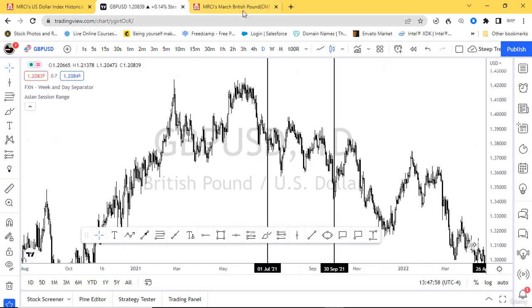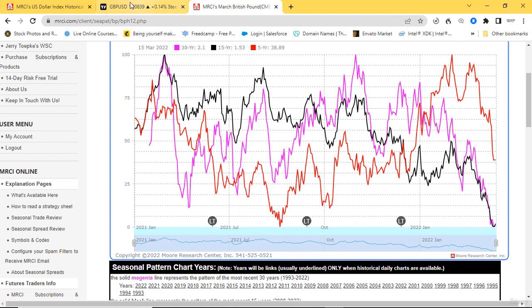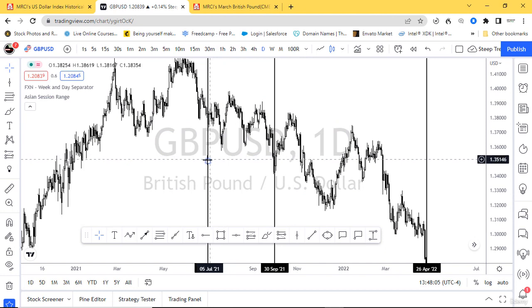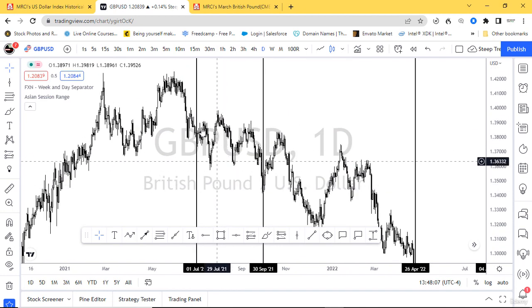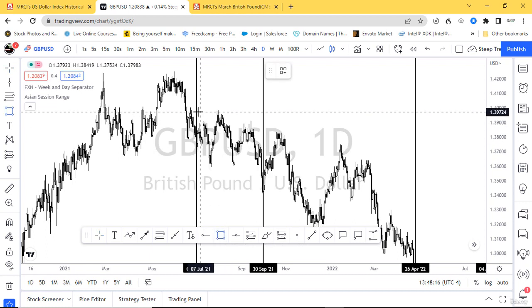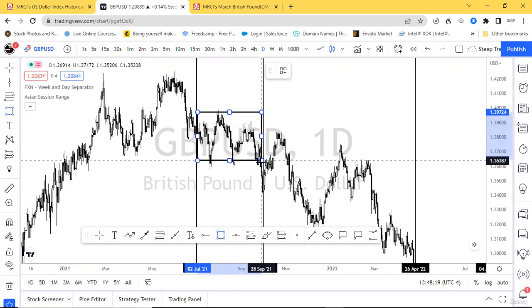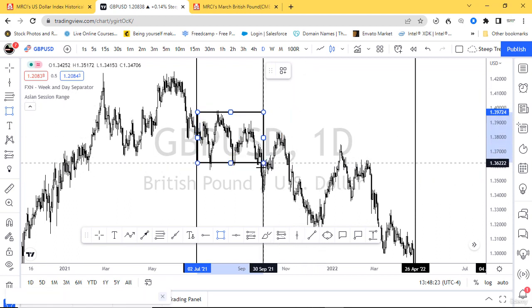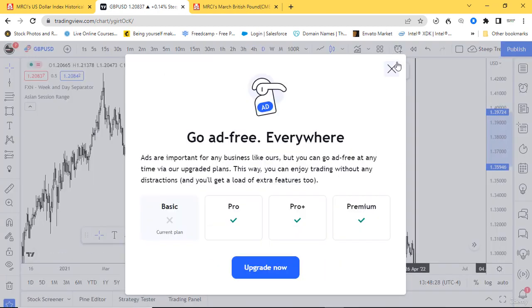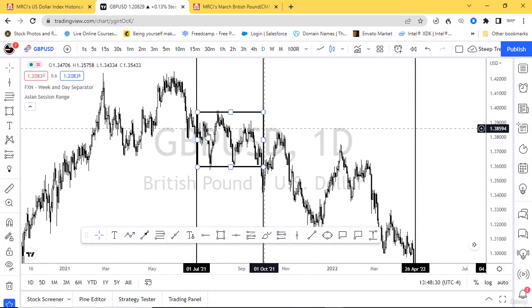Wait, did I say June or July? Oh, July. Let me mark this different. Hold on. Oh yeah, that's right. So for the month of July, for that quarter, it kind of stayed in that range there, right?